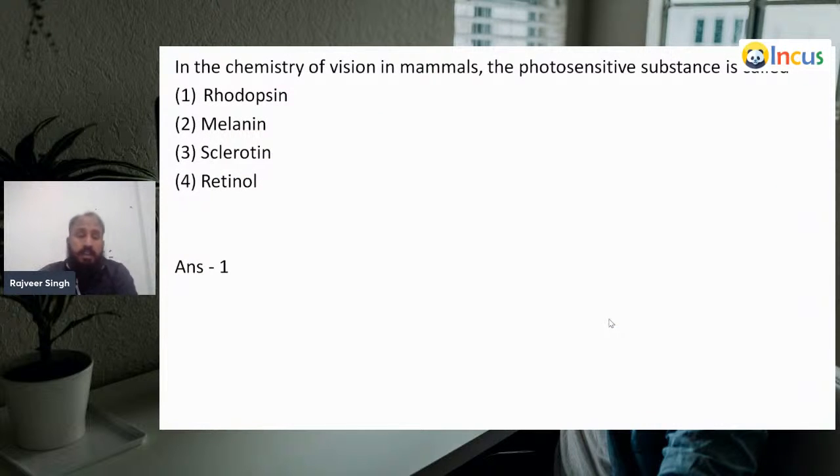Now, next question: in the chemistry of vision in a mammal, the photosensitive substance is called rhodopsin, melanin, sclerotin, or retinol. As I told you, these are all pigments, but here we are talking just about the chemistry of vision in mammals. The photosensitive substance is absolutely rhodopsin.